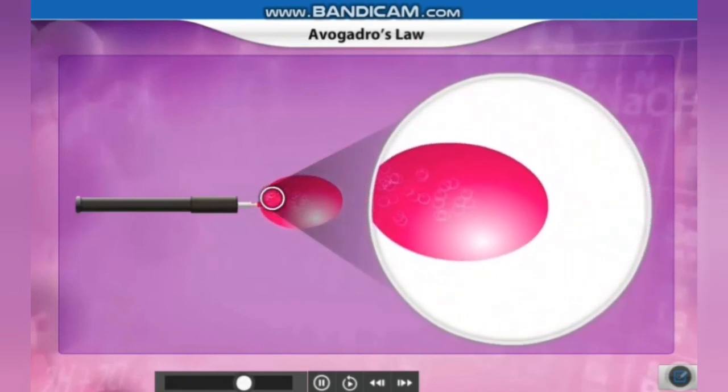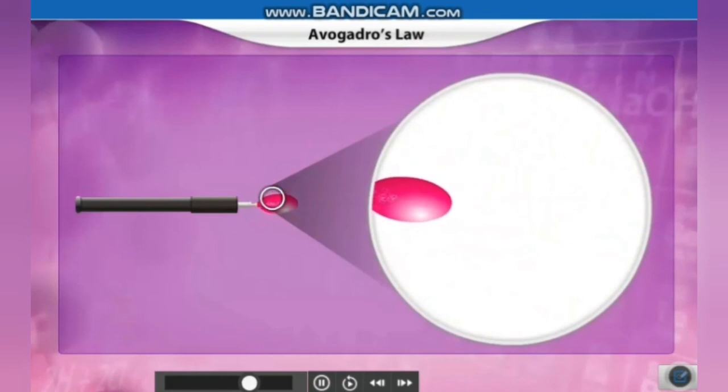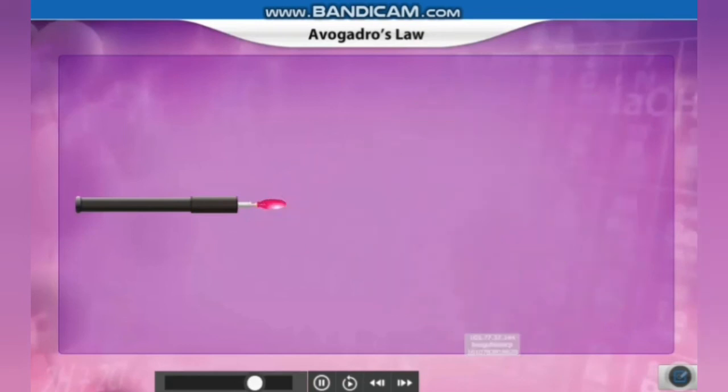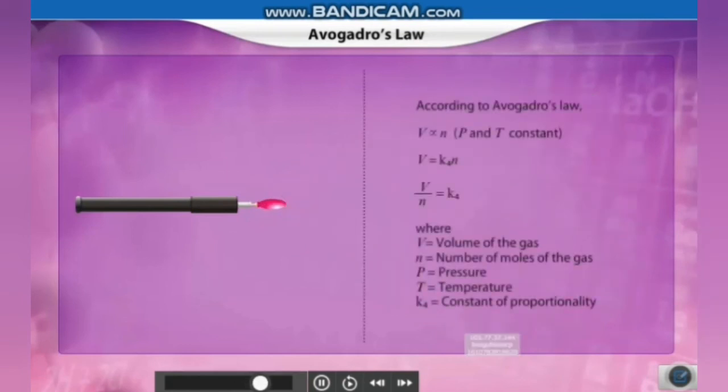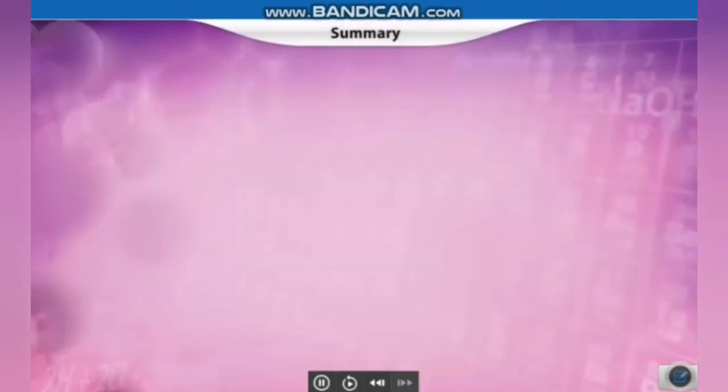And as the air is released or deflated, the molecules are pushed out, so the balloon becomes small. So that shows volume is directly proportional to n, and V by n is equal to a constant. And here, with volume and number of molecules, Avogadro's law is over.